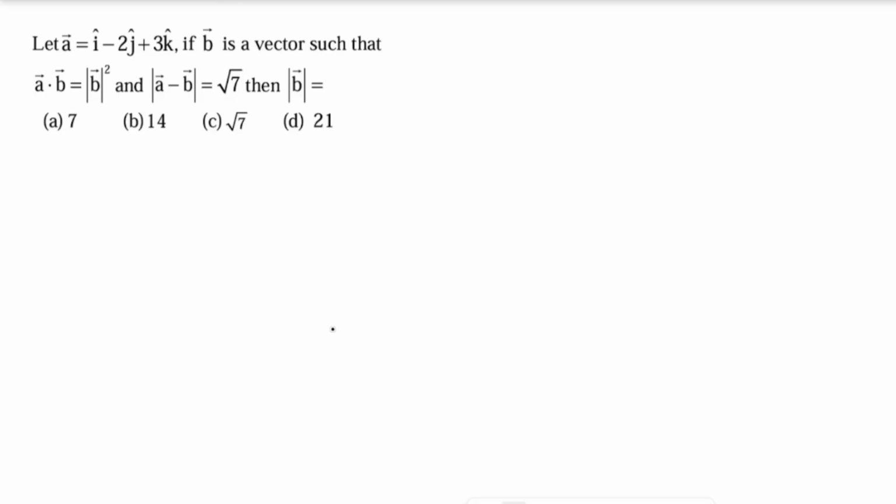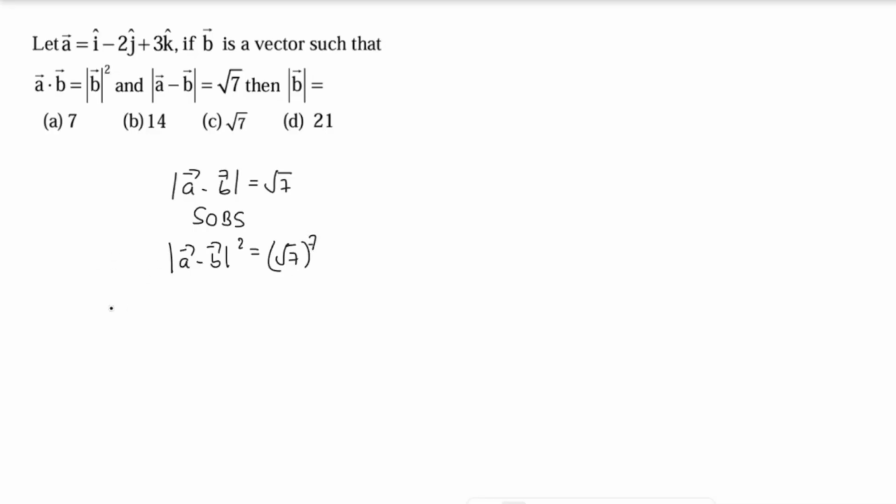So whenever they give magnitude of A minus B, something like that, we have to take square on both sides. So let us take that magnitude of A minus B is equal to root 7, which they have given. Let's do square on both sides. So magnitude of A minus B the whole square is equal to root 7 square.